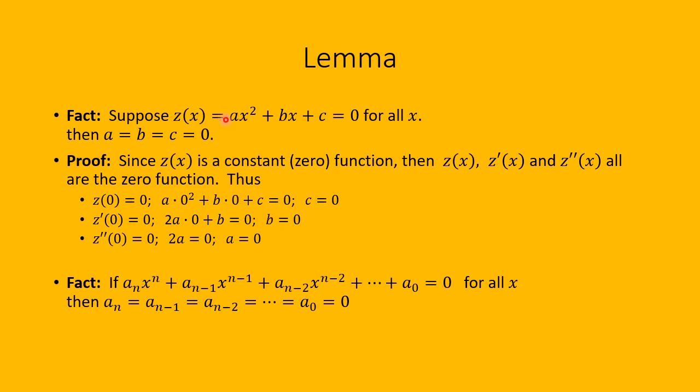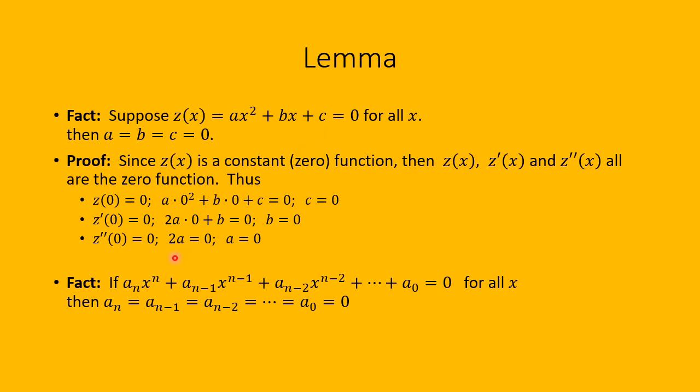Similarly, if we differentiate this twice to calculate z double prime of x, z double prime of x is just going to be 2a. So z double prime of 0 being 0 tells us that 2a is 0, which tells us that a is 0. So if you have this quadratic polynomial equaling 0 for all x, all of the coefficients that appear in that polynomial have to be 0.